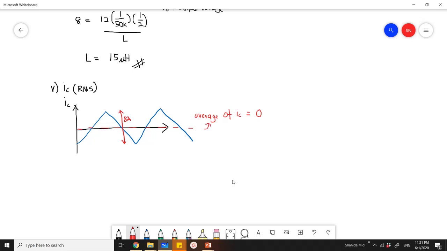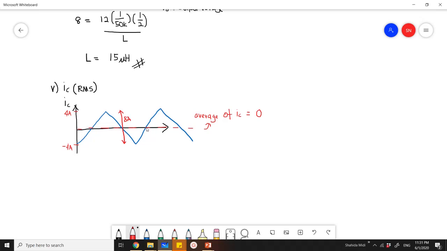Since we already know that the height is 8 ampere and the average or the midpoint over here is equivalent to 0, from there we know that here will be 4 ampere and here it will be minus 4 ampere.